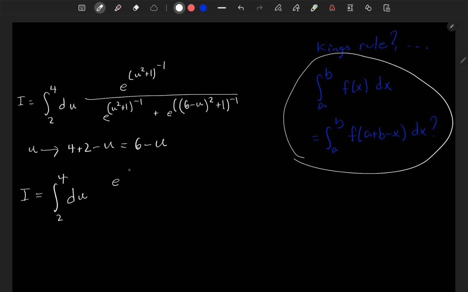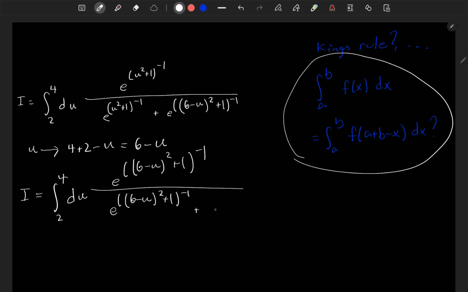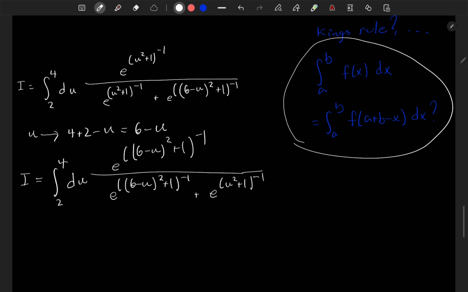We're going to have e to the 6 minus u squared plus 1, reciprocal, a repeat, and then we're going to have e to the u squared plus 1. Oh, that's the idea.